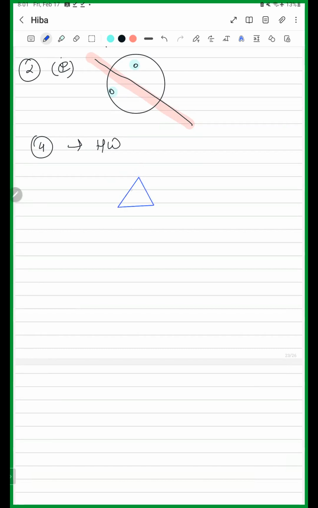ठीक है. Then there's this circle and this circle, this circle. So how many lines of symmetry are going to be there? 1, 2, 3. मैंने बहुत ही अजीब तरीके से ड्रॉ किया. I'm so sorry. So there will be 3.